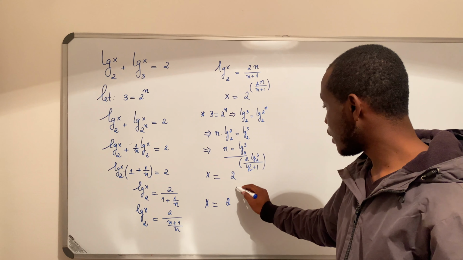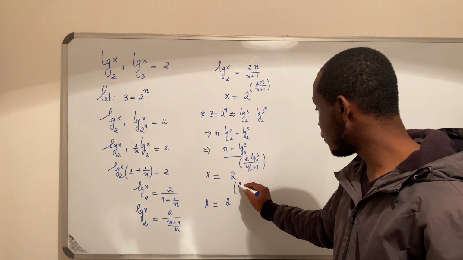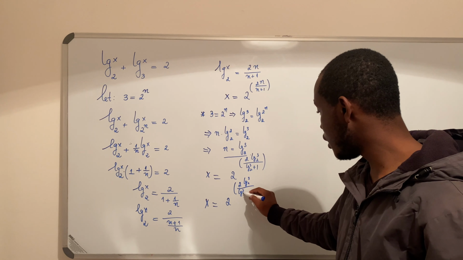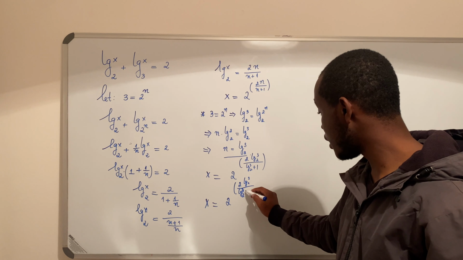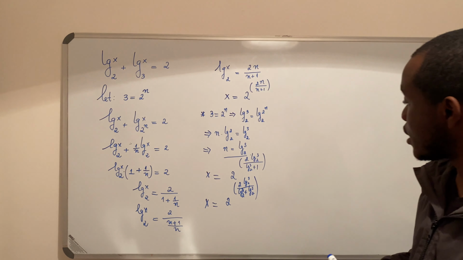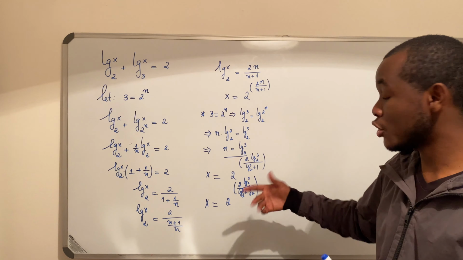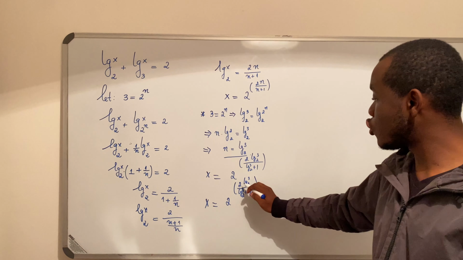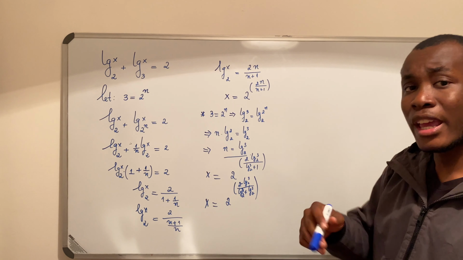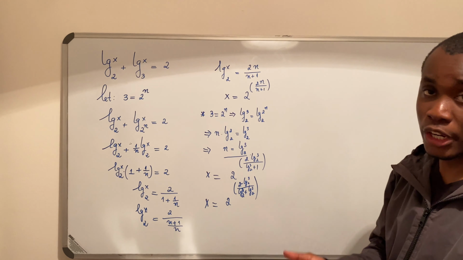So x is going to be equal to 2 to the power of 2 log of 3 to the base 2 over log of 3, sorry, my 3 is a little bit ugly, to the base 2 plus log of 2 to the base 2. Because now log of 2 to the base 2 is 1. But looking at this 2 that is multiplying this log, we know when a number is multiplying a log, it can go as an exponent of the argument.